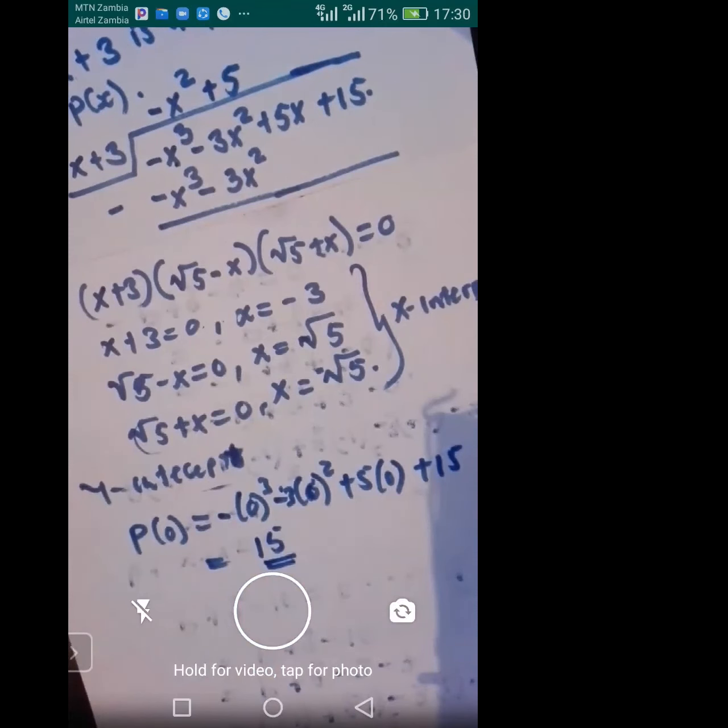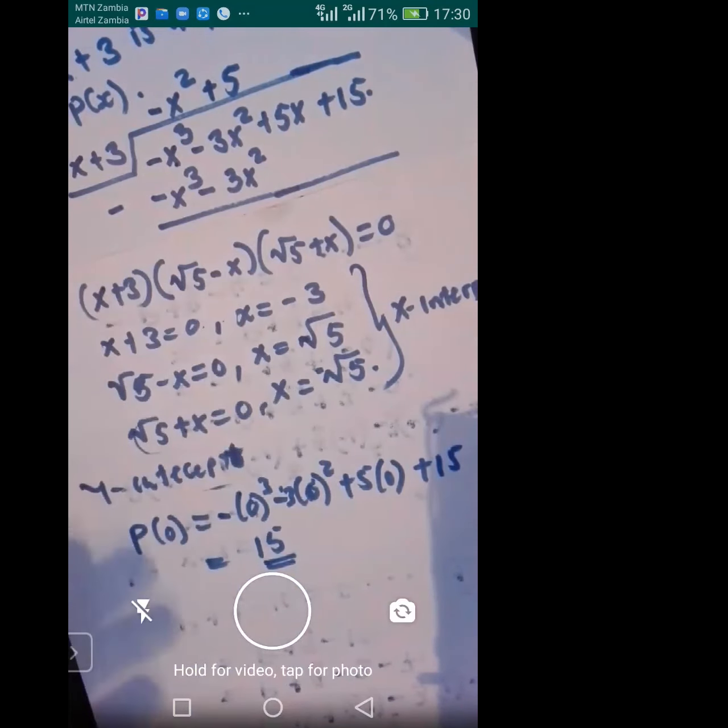So you have the x-intercepts and the y-intercept, which we just found here. Excuse me, sir. Yes. Can you please re-explain how you found the y-intercept? Okay, so the y-intercept is in the y-axis. So we are looking for where the graph of this polynomial function cuts the y-axis.